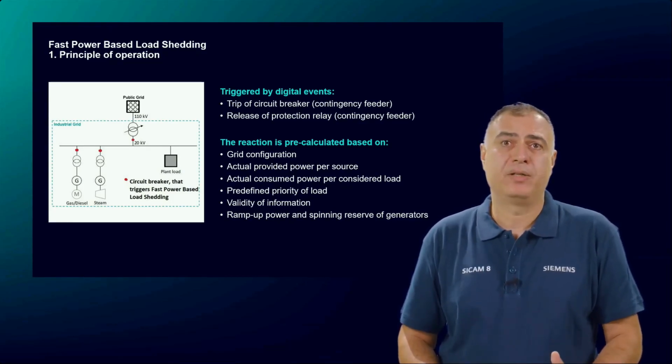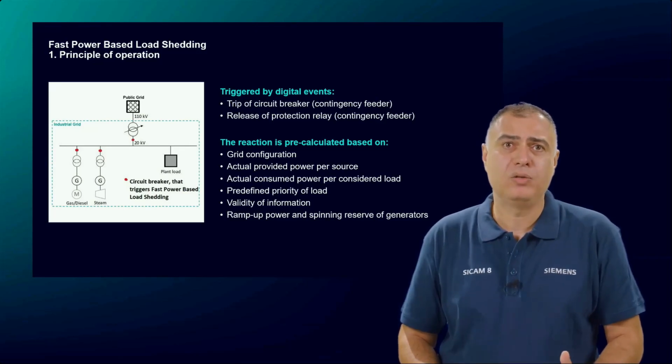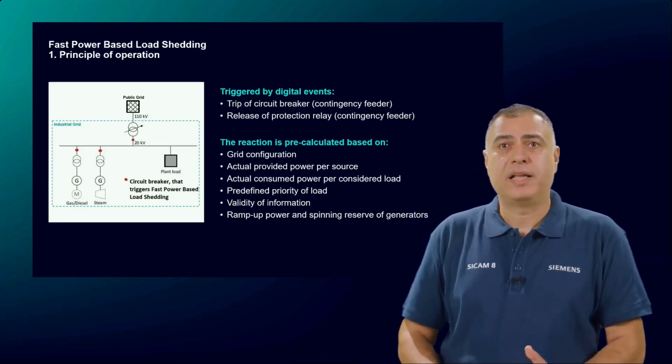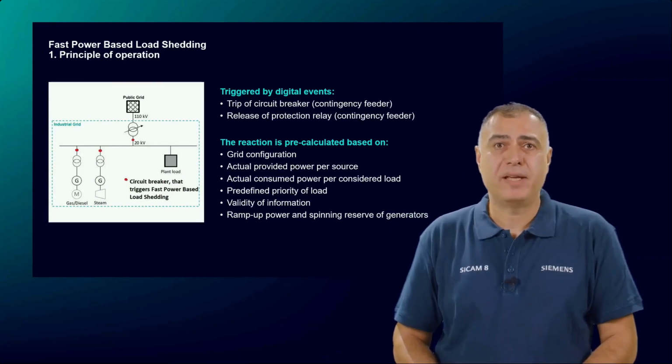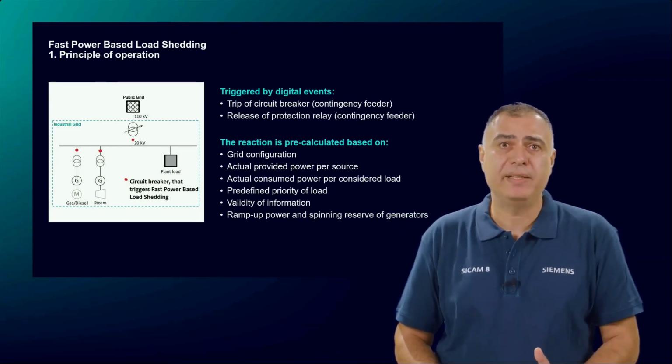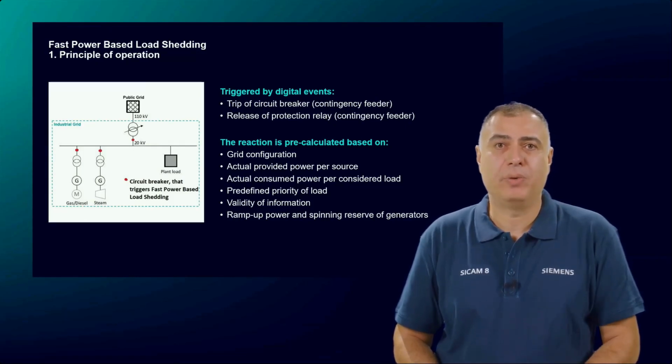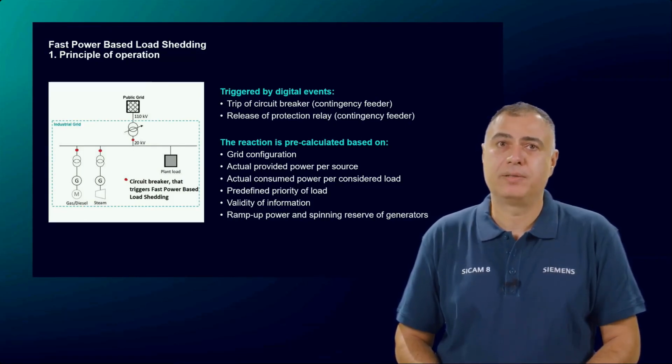Predefined priorities of the individual loads, the validity of information. For example, according to our standard, a load that provides a power consumption information with invalid status is ignored, and the next load according to the priority table is considered. Last but not least, also the available power reserve of the remaining generators is observed.